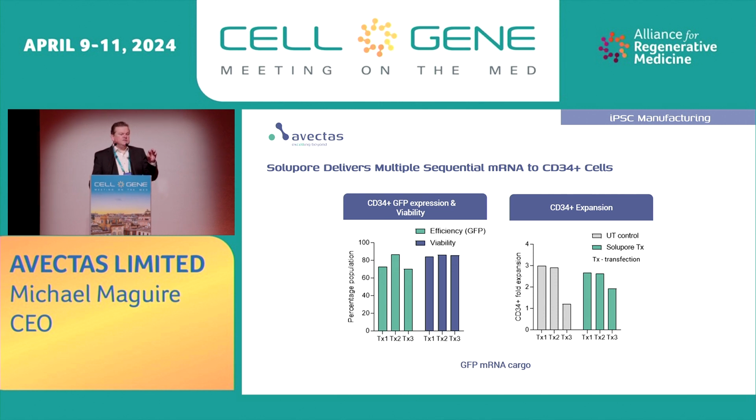So this is to go from a CD34 somatic cell, delivering to it the factors for the purposes of reprogramming it. And here we're transiently delivering mRNA factors with high efficiency and high viability of the cells. And then when we look on the right-hand side at the proliferation, the expansion of those cells, it's comparable between the untreated control and the Solupor modified cells.